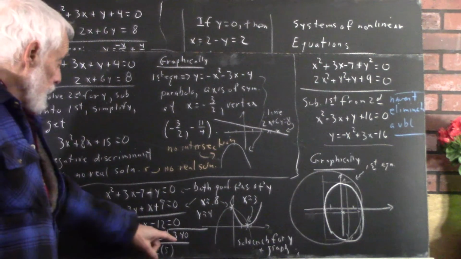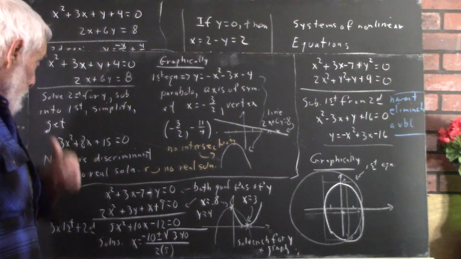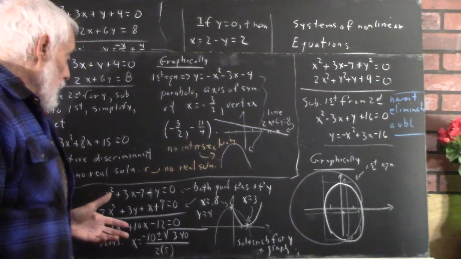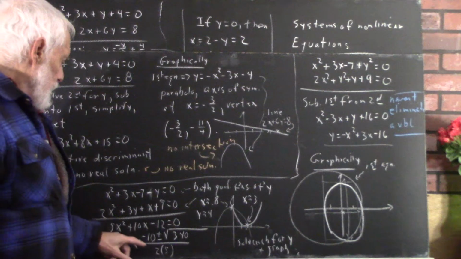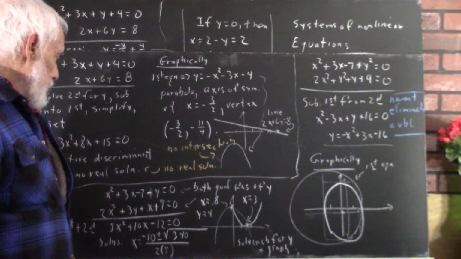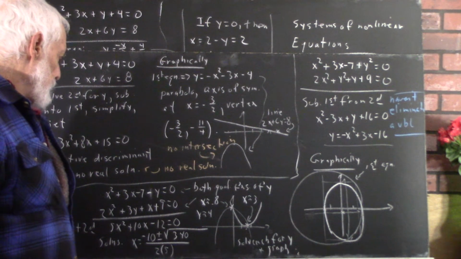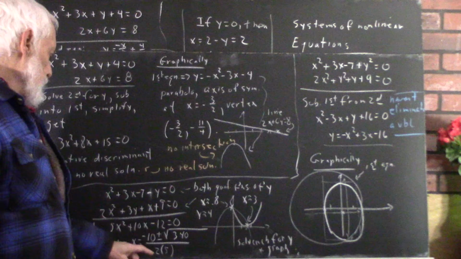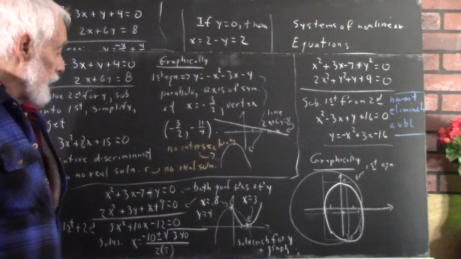And the square root of 340 is kind of close to 18. I'd say 18.3 maybe. But just ballparking it at 18, negative 10 plus 18 is 8. And the denominator is 10, so we get 8 over 10, or 0.8.